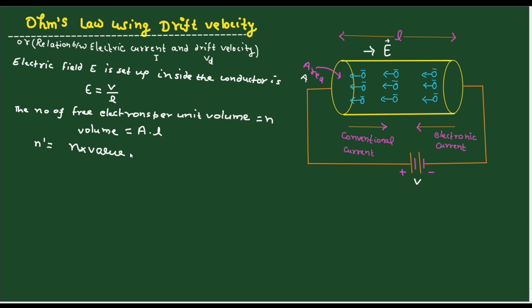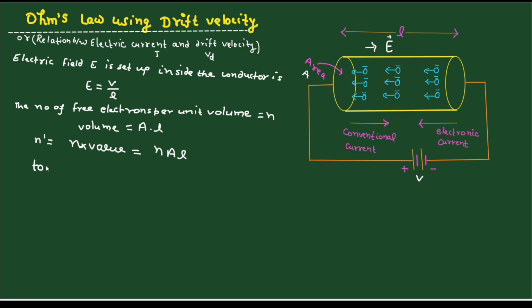N is the number of electrons per unit volume, but in this volume the number of electrons N dash equals N into A into L. Now the total charge Q equals N dash into e, that is e N A L.